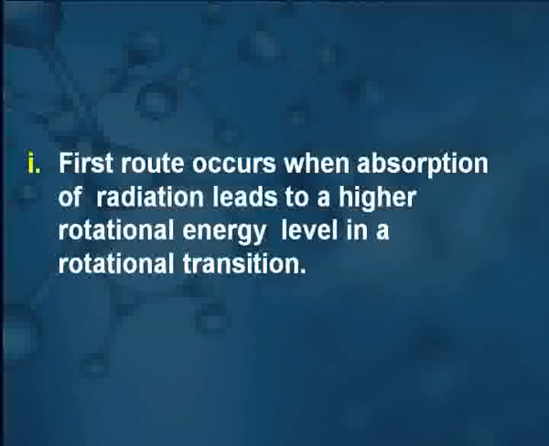The first route occurs when the absorption of radiation leads to a higher rotational energy level in the rotational transition. When the molecule jumps from the lower level to the higher level, it must absorb radiation, and the energy absorbed will be higher.